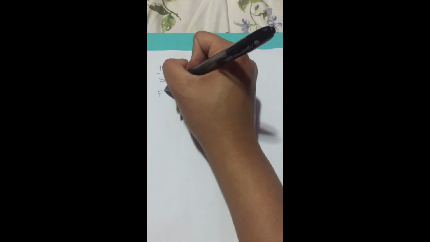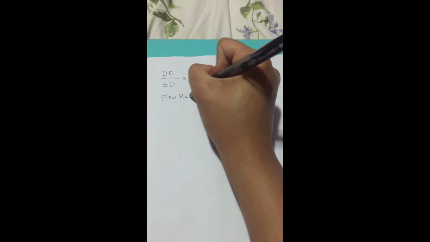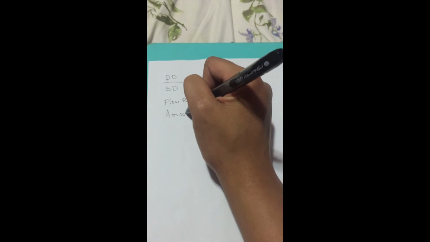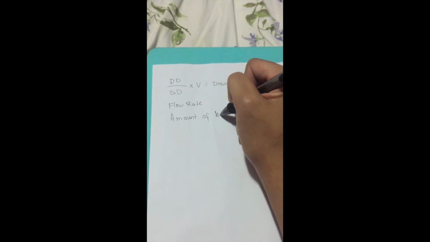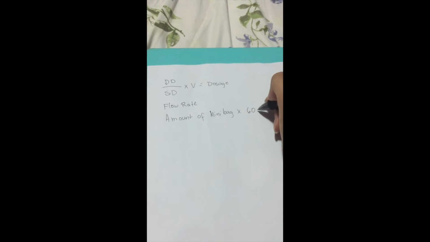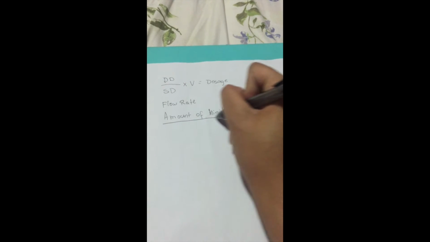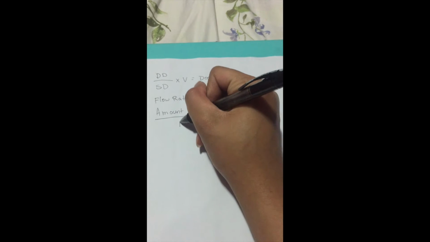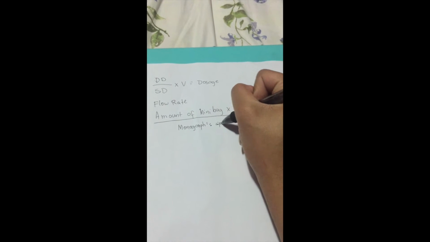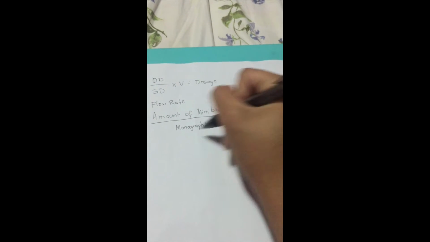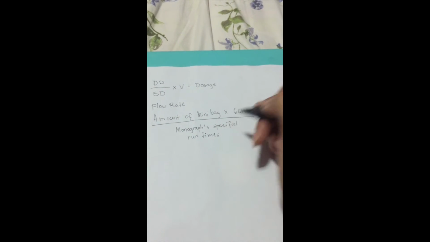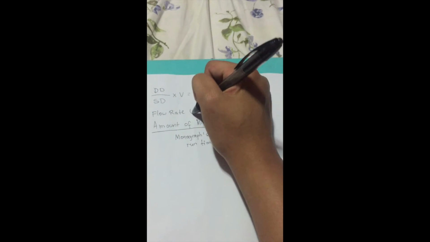And for the flow rate using the pump, we need the amount of mini bag, times 60 minutes, over what is on the monograph's specified run time.